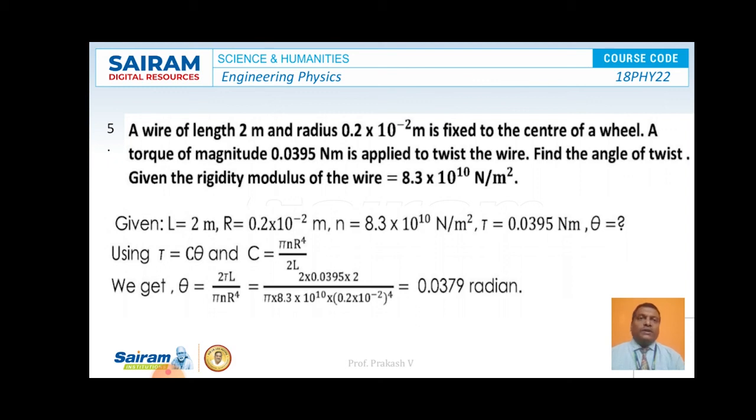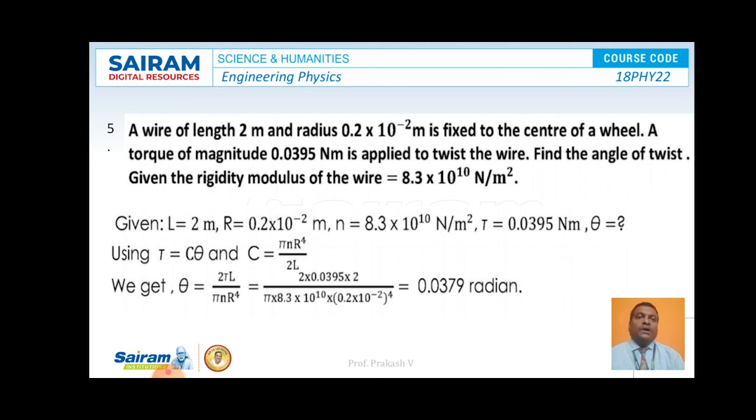So here the length of the wire is 2 meter and its radius is 0.2 into 10 to the power of minus 2 meter, and the rigidity modulus of the wire is 8.3 into 10 to the power of 10 Newton per meter square, and the torque is 0.0395 Newton meter. So we have to calculate what is the angle of twist, that is theta. As per the formula, torque is equal to C into theta, where C is pi n r to the power of 4 by 2L.